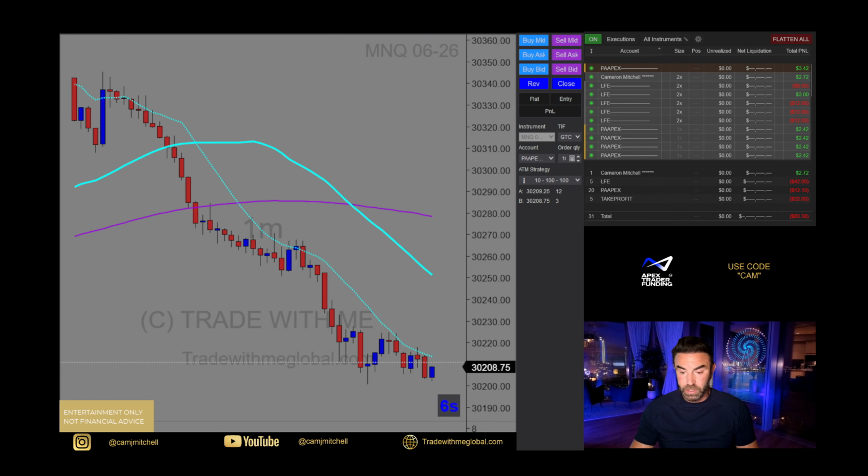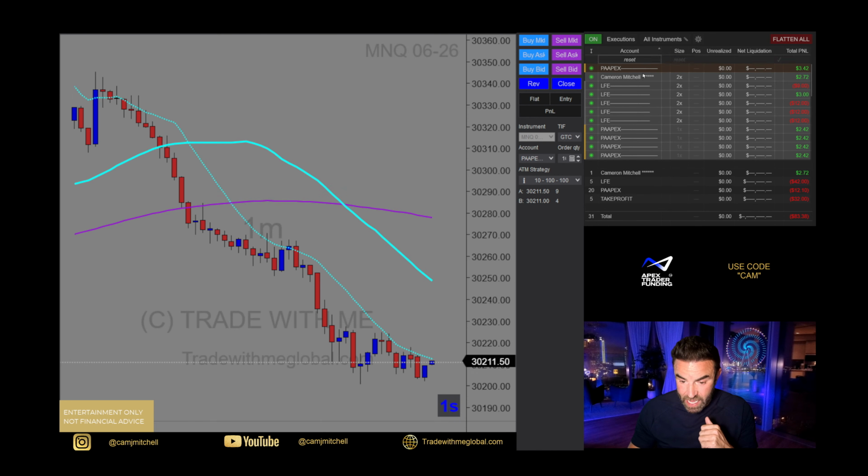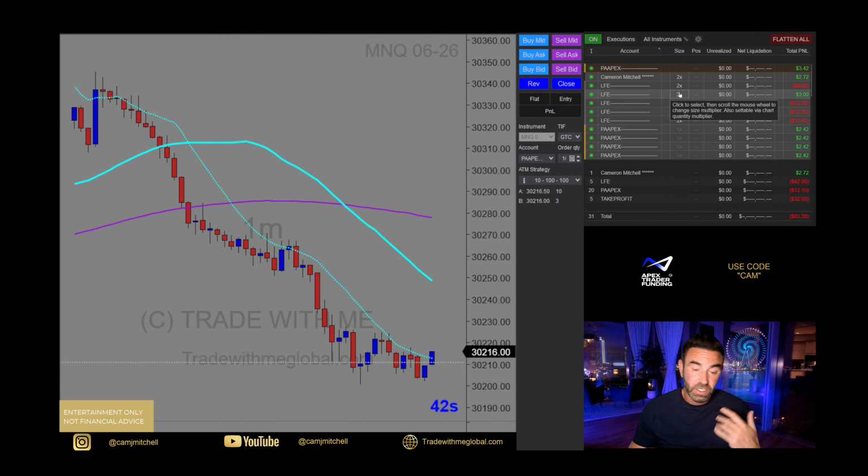So with my Apex accounts, I'm trading 10 contracts, and these other accounts here, my personal live account, and the Lucid and Take Profit Trader accounts, I'm going to double them. So if I take 10 contracts on my Apex account, it'll take 20 contracts on my personal account, 20 contracts on Lucid, 20 contracts on the other accounts.